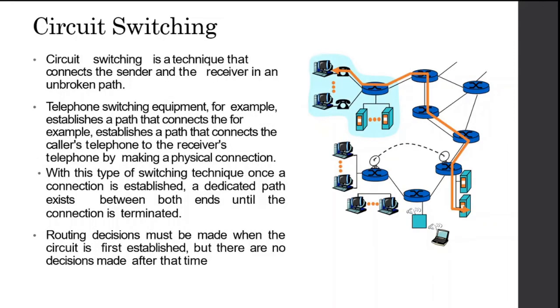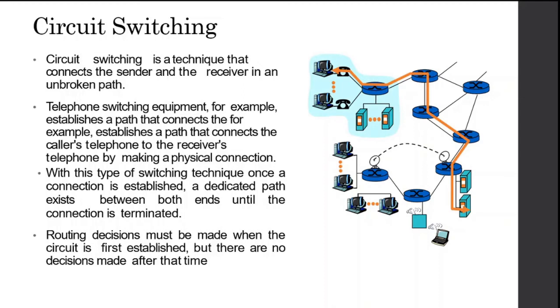But what is circuit switching? Circuit switching is a technique that connects the sender and the receiver in an unbroken path. As you can see, circuit switching makes sure that there is no broken path between the sender and the receiver.